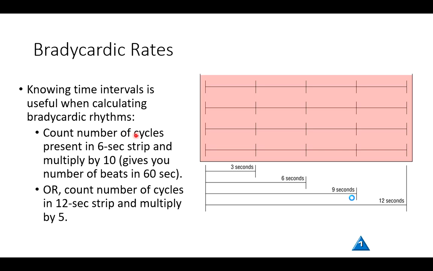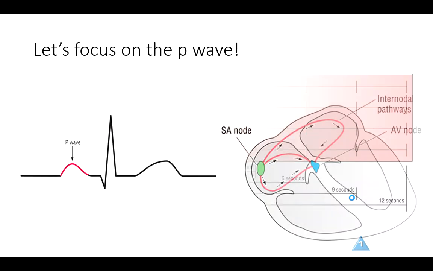So if you count the number of cycles present in a 6-second strip and just multiply by 10, that gives you the number of beats that occurred in 60 seconds. So if there was a spike here, a spike here, a spike here, and a spike here, 4 spikes in 6 seconds, that tells me this heart rate is 40. Or you could count the number of cycles in a 12-second strip and multiply by 5. Either way, that works for slow heart rhythms.